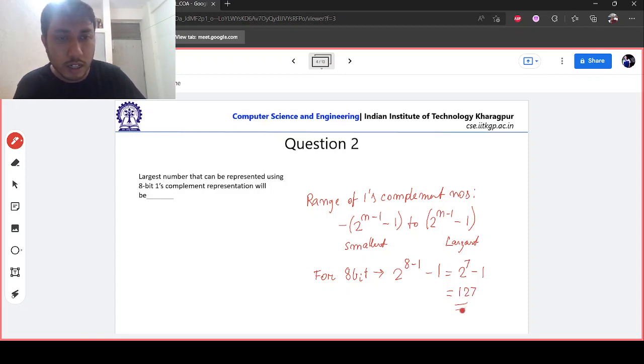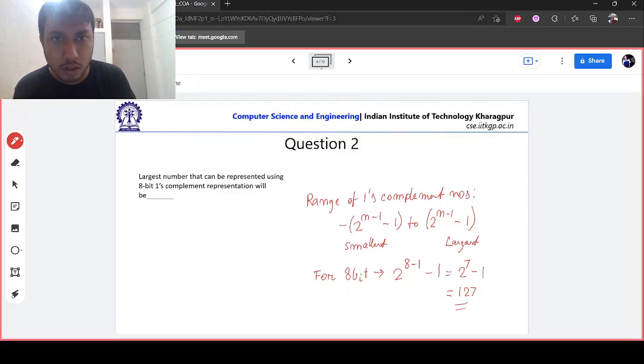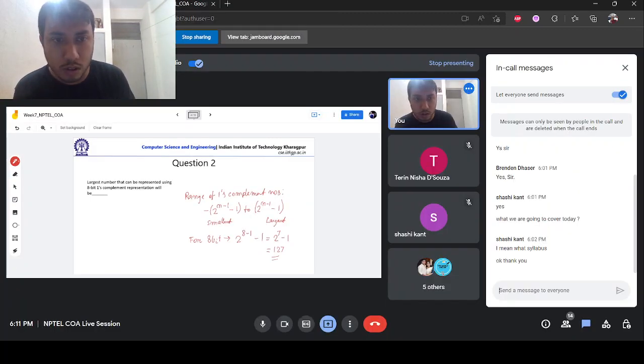So the answer is 127, the largest number that can be represented using 8-bit ones complement representation. This is very basic, the theory has already been taught in the class, and you just have to put the number in and solve this. So let's go to the next one.